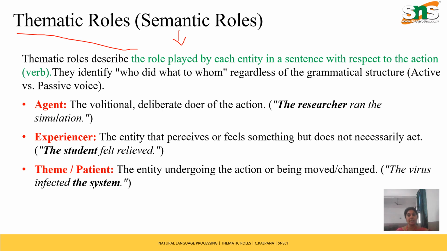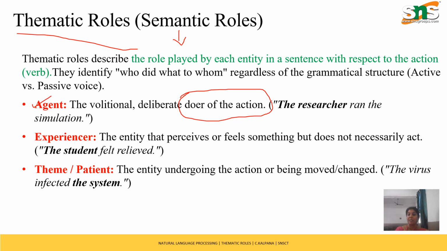So what are the roles played by each subject, which means each entity or object, in the particular sentence? There is a thematic role starting from the agent. The agent is the one who is going to do the action. If a chatbot reads a particular sentence, it needs to first identify the subject, which means the doer of the action, the main performer.